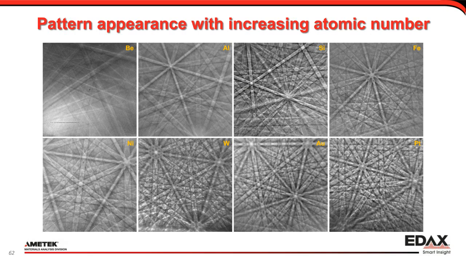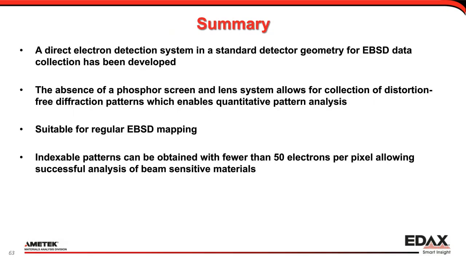So just to summarize what we've seen, the clarity detector is a direct electron detection system with a standard detector geometry for routine EBSD data collection with the normal geometry that we've been used to over the last years. The absence of the phosphor screen and lens system allows collection of distortion-free patterns, and any distortion that we see in the patterns really has to come from the material itself.